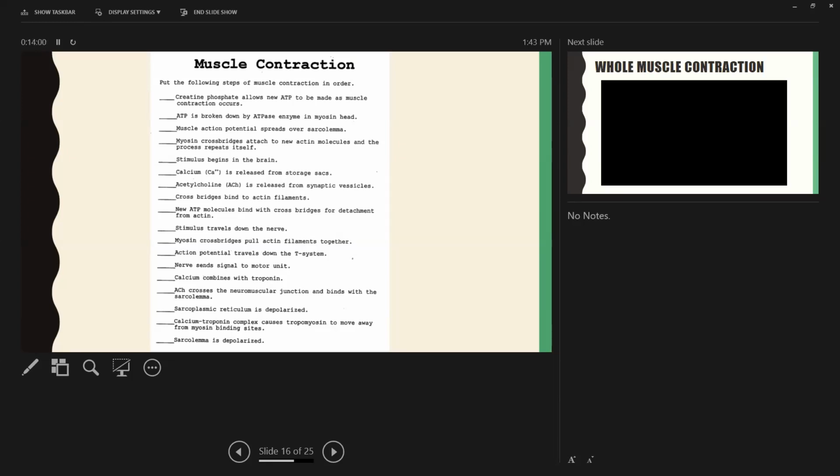All right, so we're going to start out. What's going to be the very beginning step in muscle contraction? Well, it's going to be this one right here.